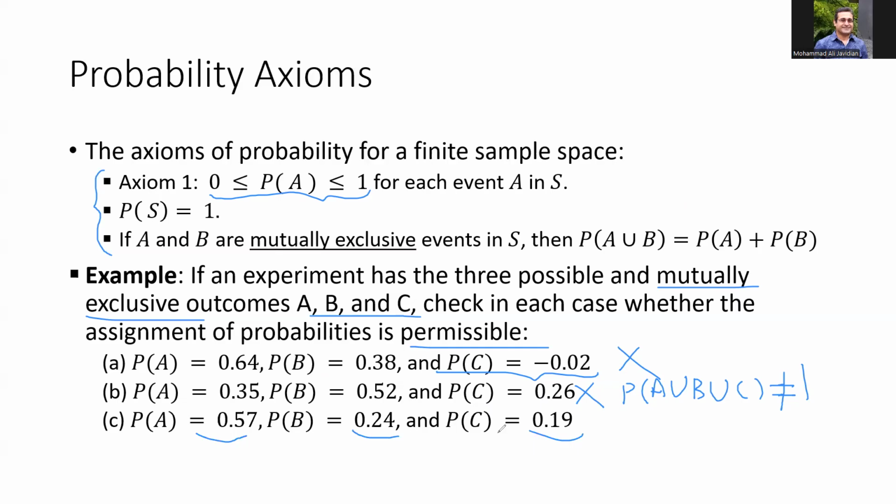And since that satisfies all three Kolmogorov axioms, we can say that part C shows a valid assignment of probabilities.